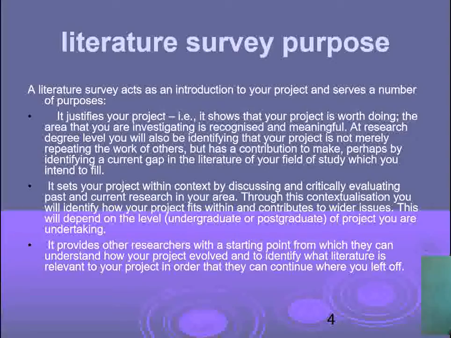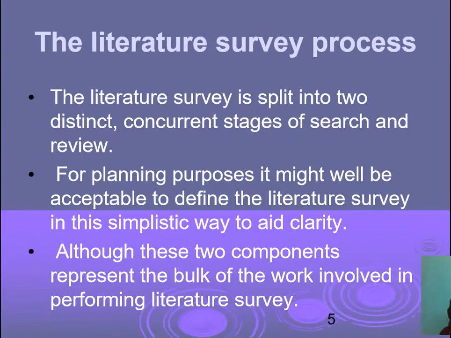This literature survey also gives a clear point for other researchers to understand what you have contributed in terms of your research, and also a point from where they can start their research, keeping your findings as a base. Process.